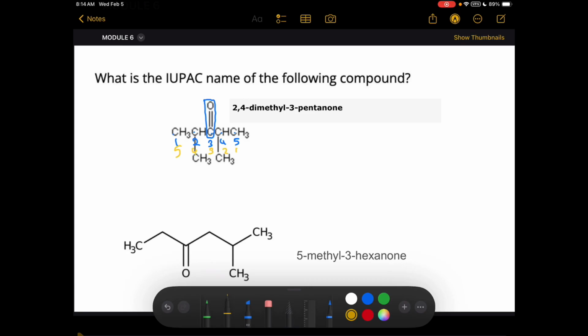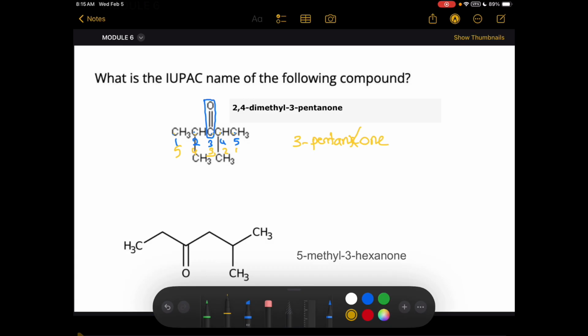So in both cases, my carbon is located on carbon number 3. So let's do it. The name of my compound, 1, 2, 3, 4, 5. If it has 5 carbon, that is pentane. I'm going to drop the E, add O-N-E, pentanone. Where is my carbon located? It's located on carbon number 3.